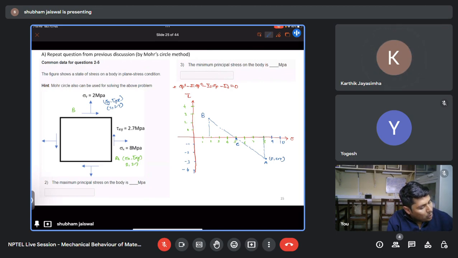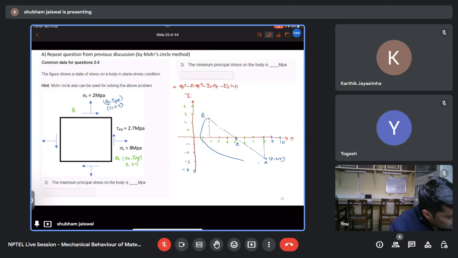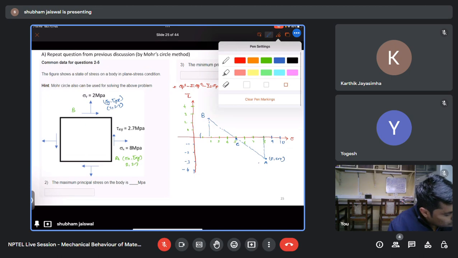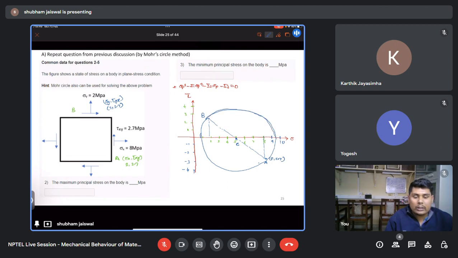Now if I take C as the center and CB as the radius and draw a circle, sorry, just a second. So I will get a circle like this. Am I correct? Yes, sir.